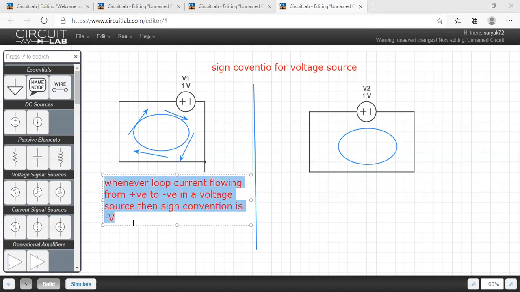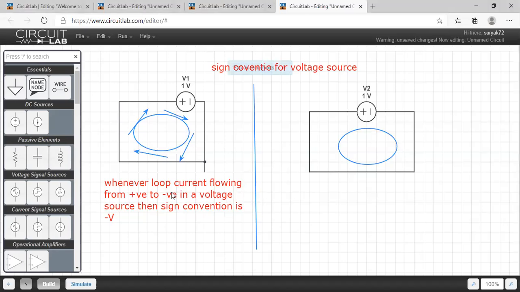These are the sign conventions. Then we go for one more, that is case number 2. Now coming to the second case, you can check here the loop current is coming from negative to positive.